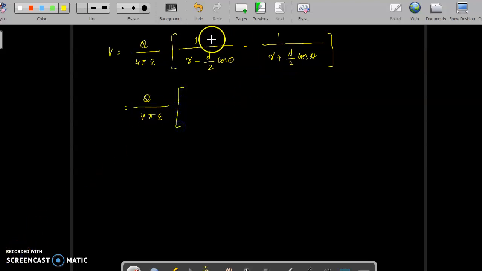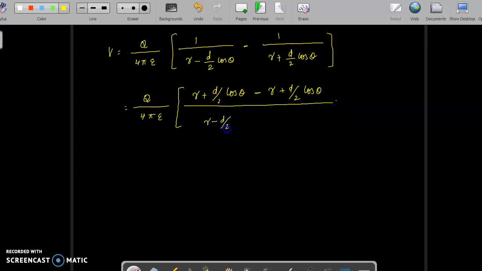We can take this to the numerator, so r plus d by 2 cos theta, minus r, so the minus of minus gives plus d by 2 cos theta, everything upon r minus d by 2 cos theta multiplied with r plus d by 2 cos theta. So r gets cancelled. So d by 2 cos theta plus d by 2 cos theta is d cos theta.